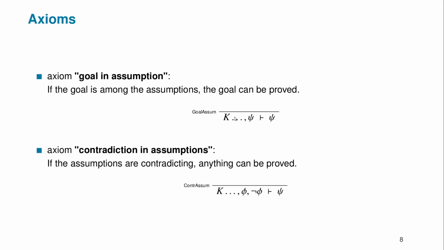Yeah? One axiom has the following structure. On the left hand side we have a formula psi, and this formula psi is also the goal. So we do not care what other formulas are here on the left hand side, but the assumptions contain the goal. Therefore we call this rule goal in assumption.